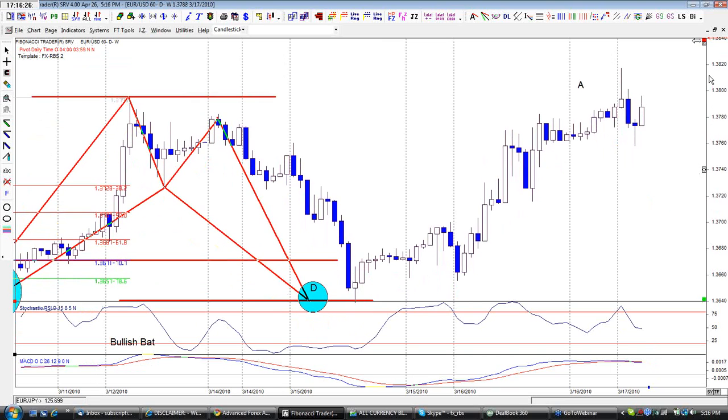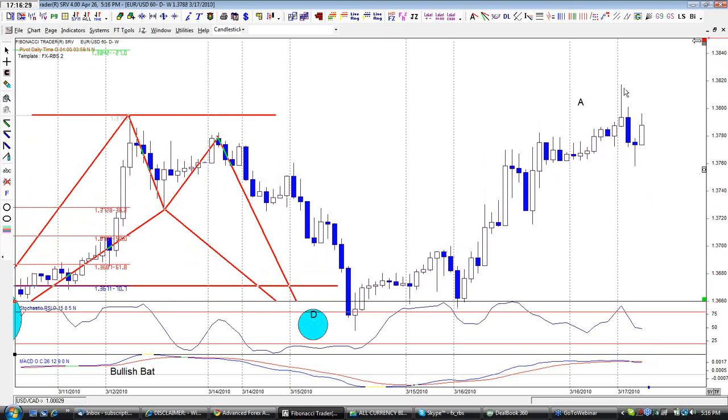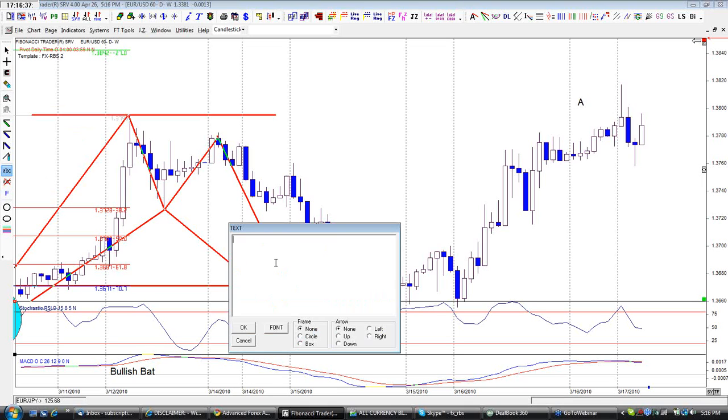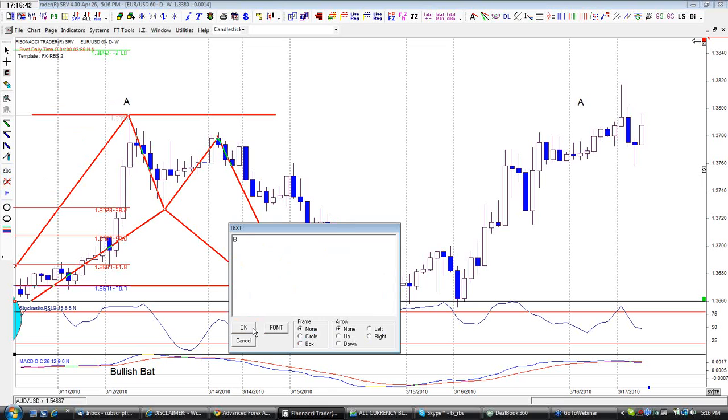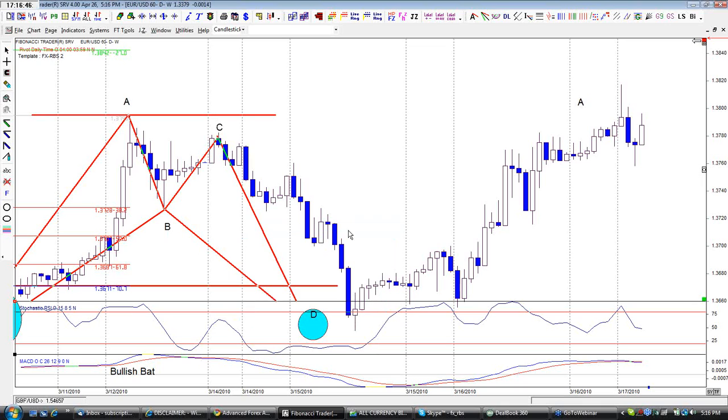We can see in this particular example, target 1 and 2 have been filled. We always place target 1 and 2 before the A. So they both have been filled.